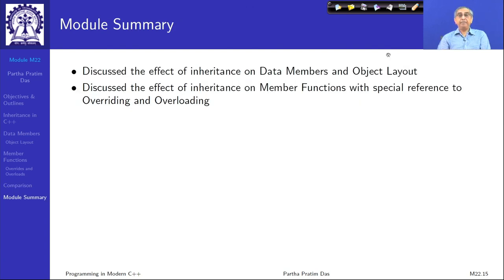So, to summarize, we have dealt with the first part of the semantics of inheritance in C++. We have shown how data members are inherited, and the fact that all data members, or for that matter the entire instance of a base class, is a part of the instance of the derived class, and in the object layout we do not know where they will occur.